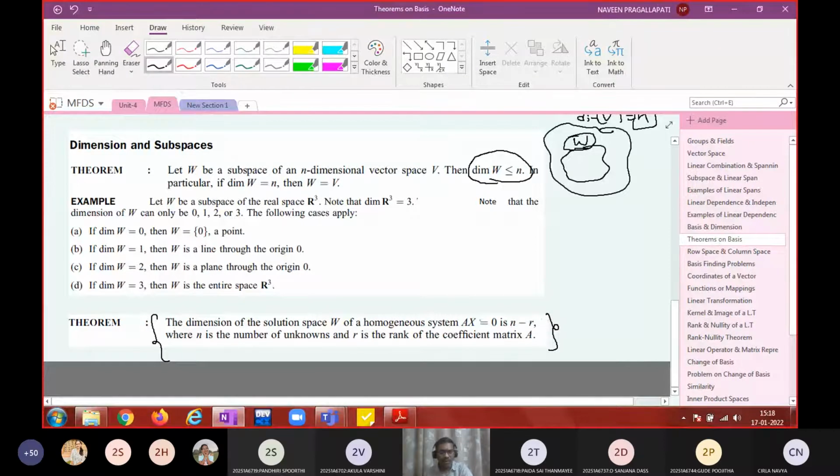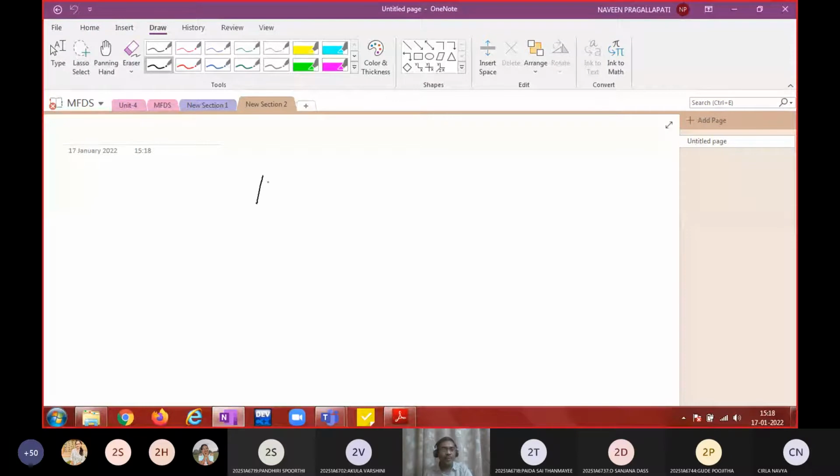Okay. Now I think you can understand the solution space. You know the properties of solutions, right? See, you have a homogeneous system Ax equal to 0. What are the properties of solutions of this homogeneous system?